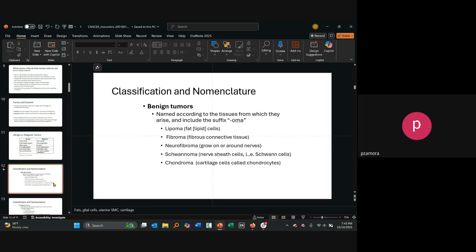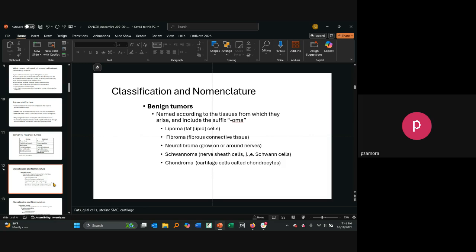Just some classification and nomenclature. Benign tumors are named according to the tissues from which they arise. And they have a prefix indicating what tissue they came from, and then an oma stuck at the end of it. So a lipoma, from lipid or fat, is a benign tumor that arises from fat cells.